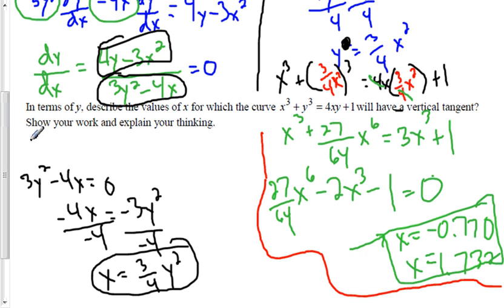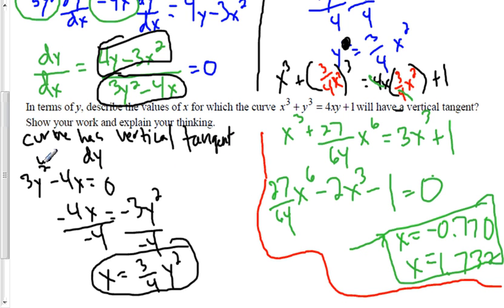We just said, again, we're talking about the curve has a vertical tangent when the denominator equals 0. And when does that occur? When dy/dx is undefined. And when does that occur? That's when the denominator equals 0.